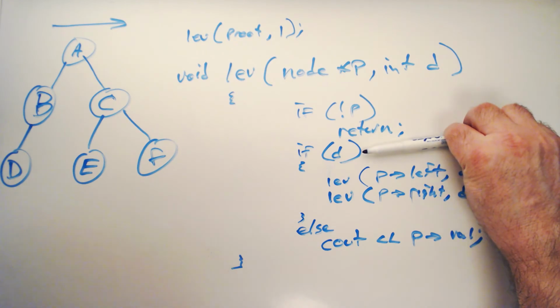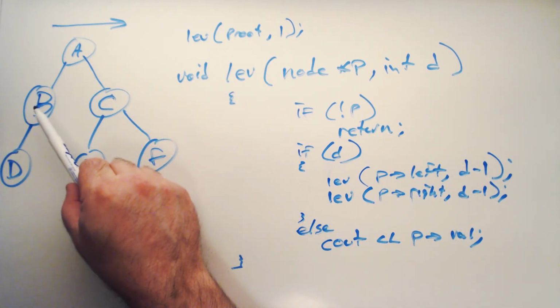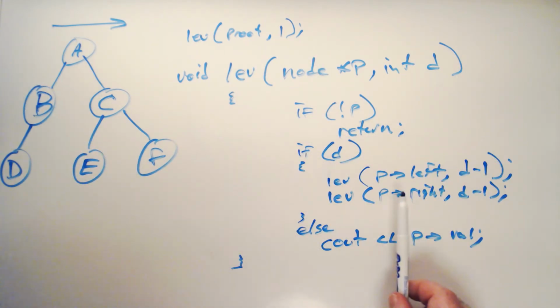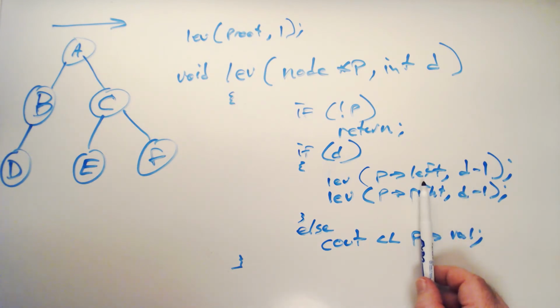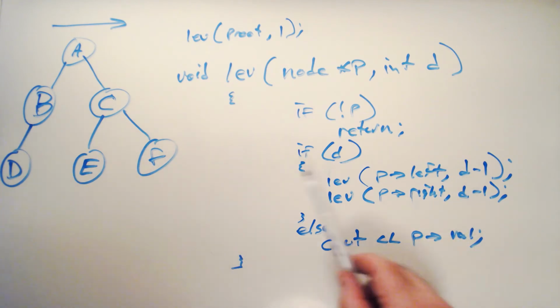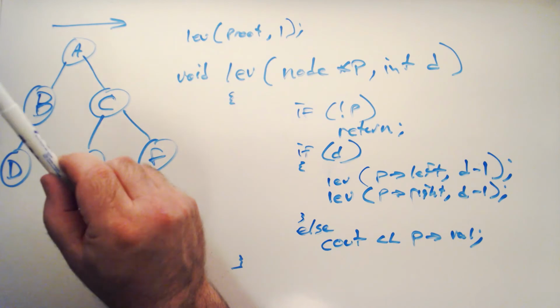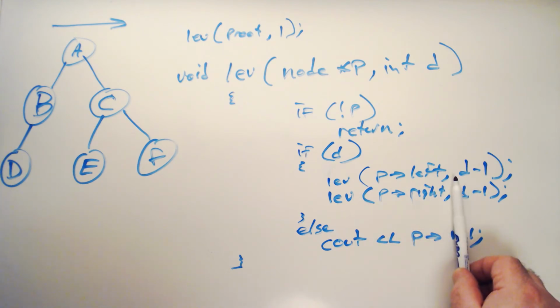So if it's not 0, we say go to the left node and print out a level this many levels away from the node that I'm passing in. I'm passing in B, and this is 0, so don't go anywhere. Just print this guy out. And he does. He says, I'm B. Okay, great. Then he returns.